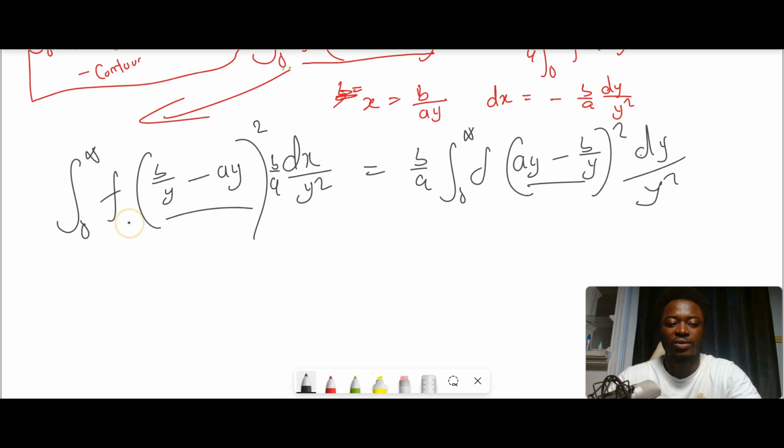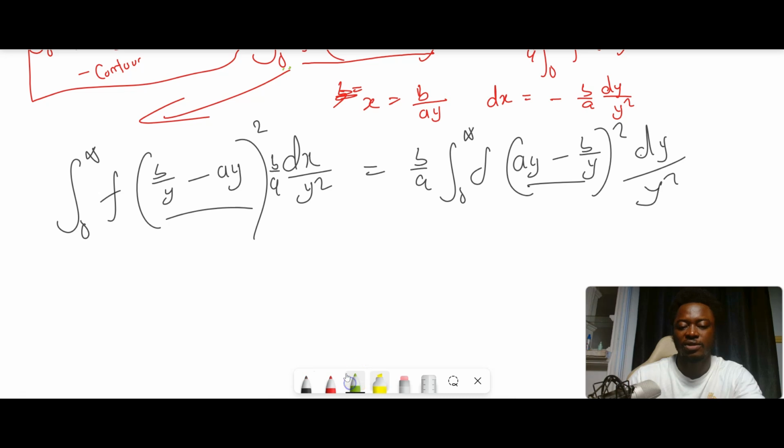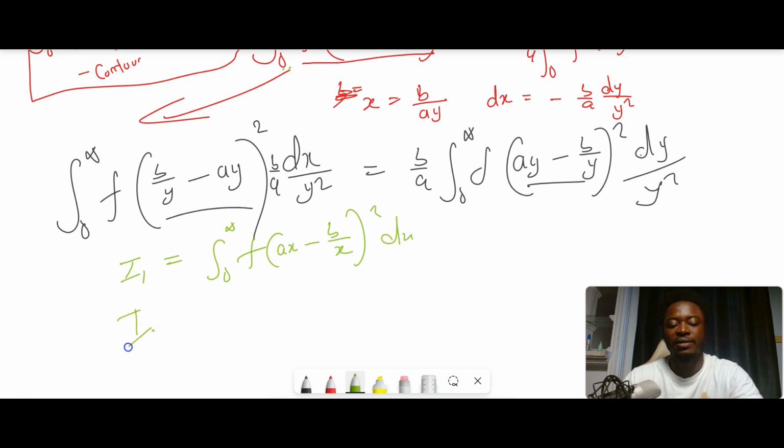Now what do we do next? Well, you would have to do some combination, because you have these two expressions. First, I is the integral from 0 to infinity of f of (ax minus b over x) all squared dx, and also I is still b over a times the integral from 0 to infinity of f of (x minus b over x) all squared dx over x squared.